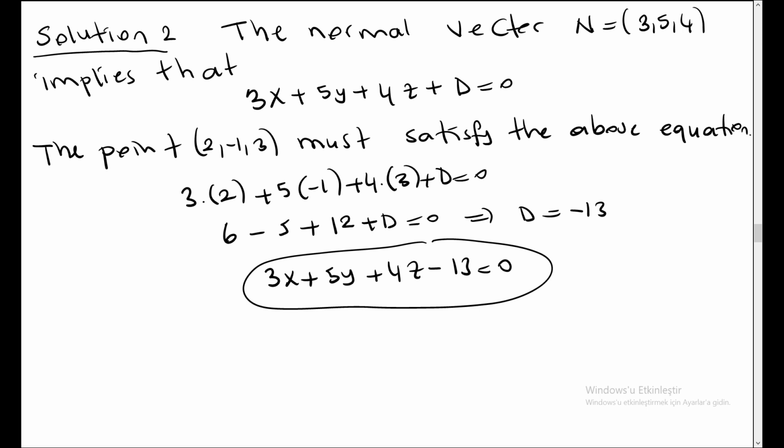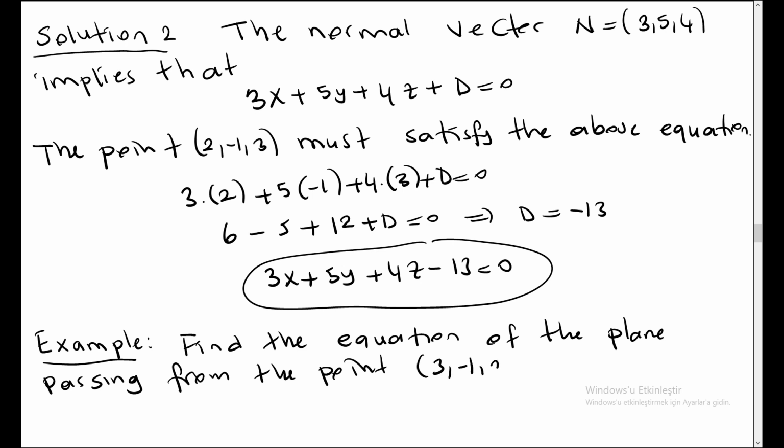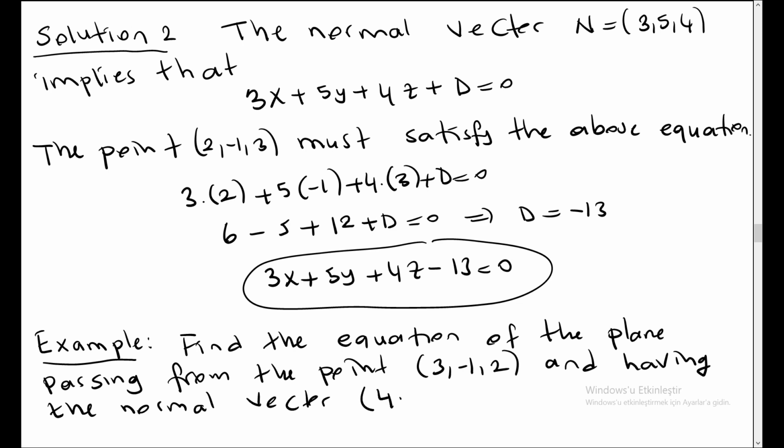Okay, another example. Find the equation of the plane passing through the point (3, -1, 2) and having the normal vector (4, 1, 3).